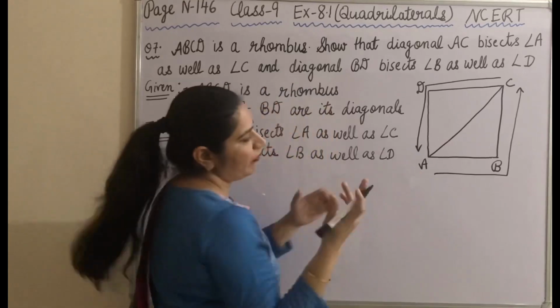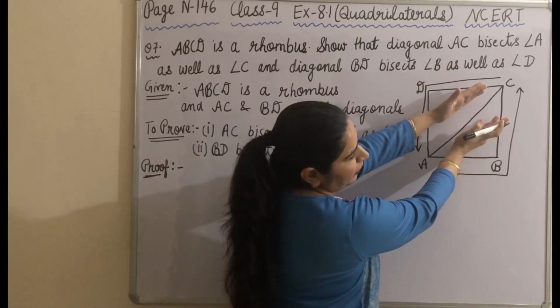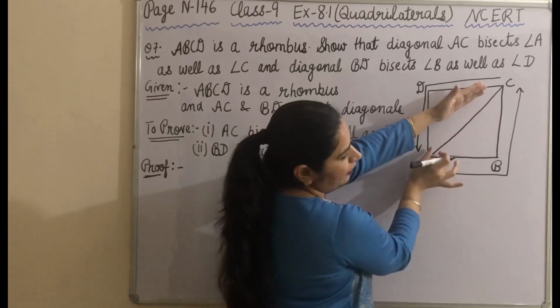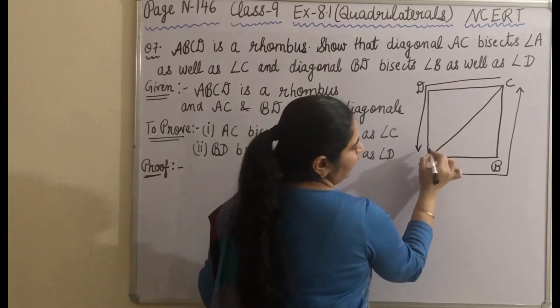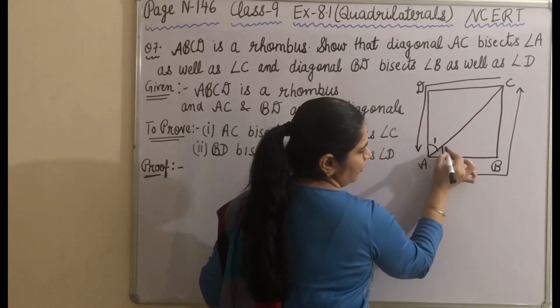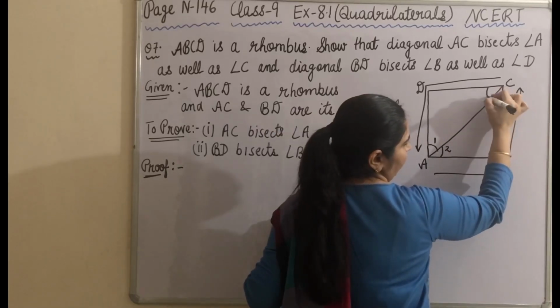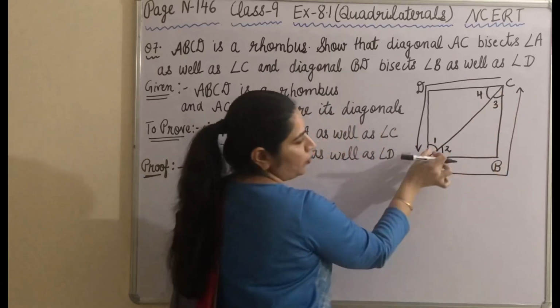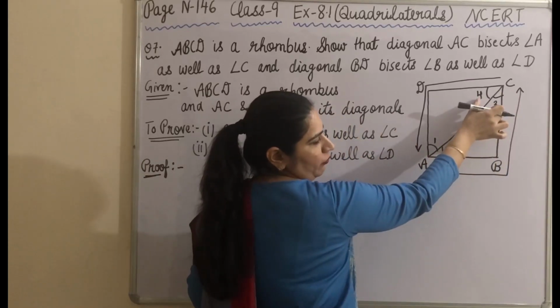If these two triangles are congruent, then easily I can write these two angles and these two angles equal. I am labeling the angles first. Let this be angle 1, angle 2, and let this be angle 3 and angle 4. We want to prove angle 1 is equal to angle 2 and angle 3 is equal to angle 4.